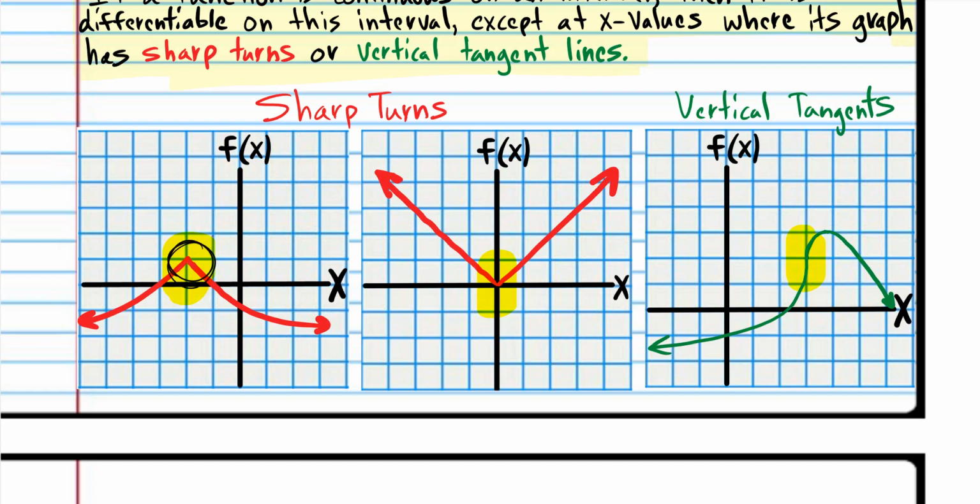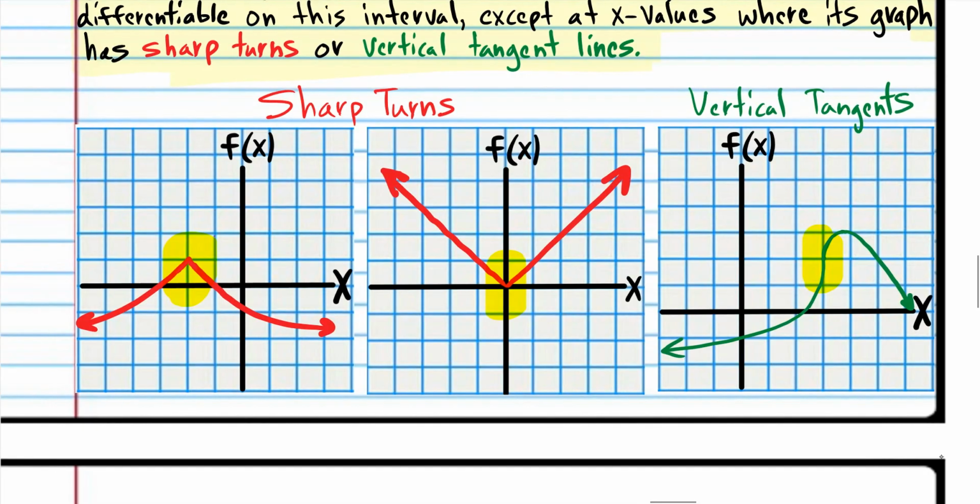It's continuous. There are no breaks in the graph. But because we have this sharp turn and a sharp turn here, we actually cannot find the value of the derivative. There is no value for the derivative when x is equal to -2 in this example. We're going to demonstrate later on using algebra that it's not possible to find the value of the derivative when x is -2 in this example.